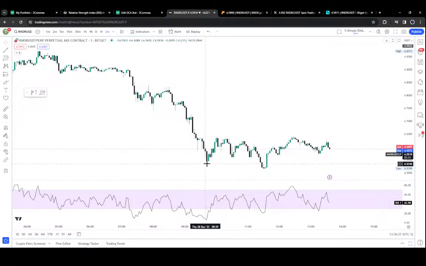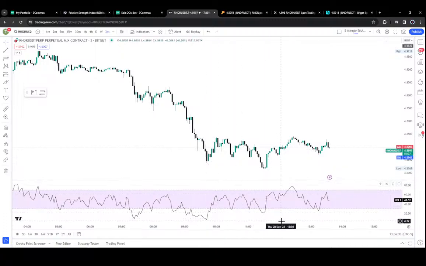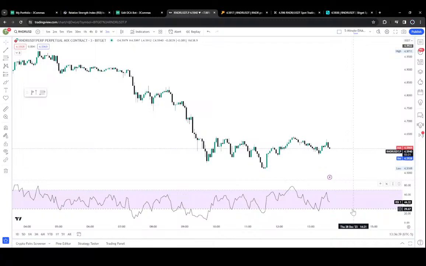You can see whenever the price drops significantly, we have this RSI value quite low. The shaded pink area stops at 30 here, so everything below 30, below the shaded pink area, potentially could be a good buy. Right here, maybe you could even say below 20. So right here.